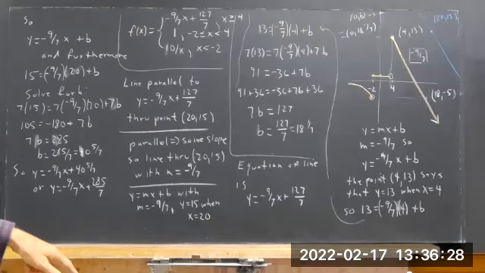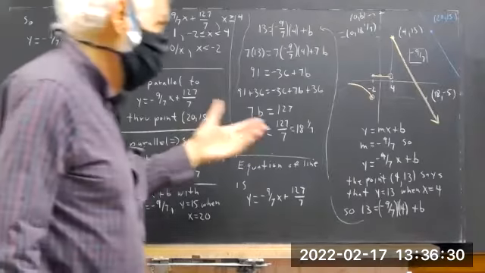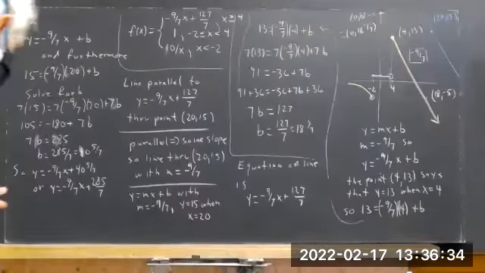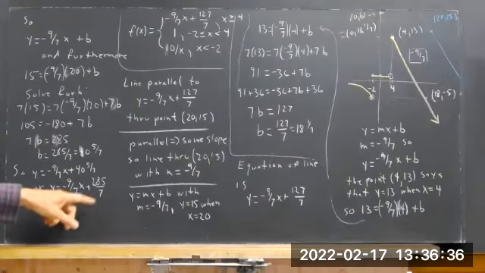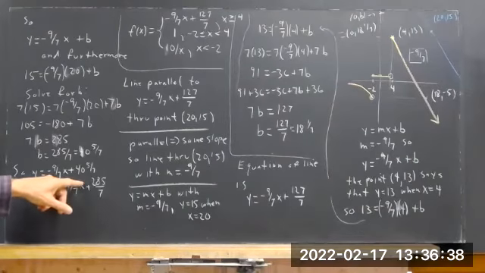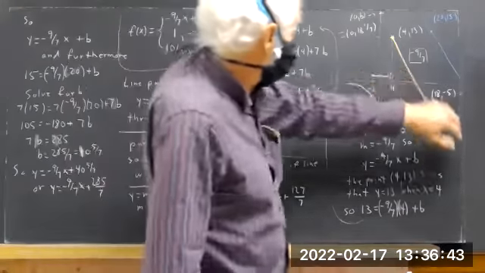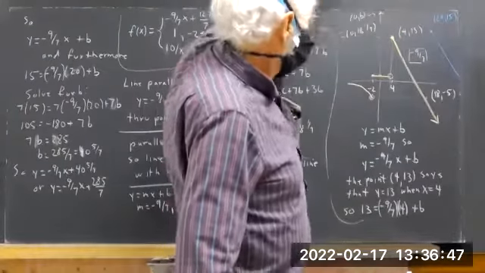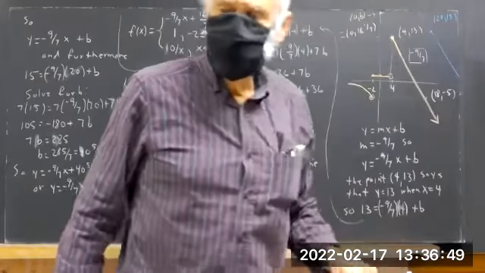We get the equation of the line, and it makes perfect sense that the y-intercept, which occurs when x equals 0, is 285/7, which is about 40.5. This line intersects the y-axis up here. If this is 20, that's about 40. Plausible.